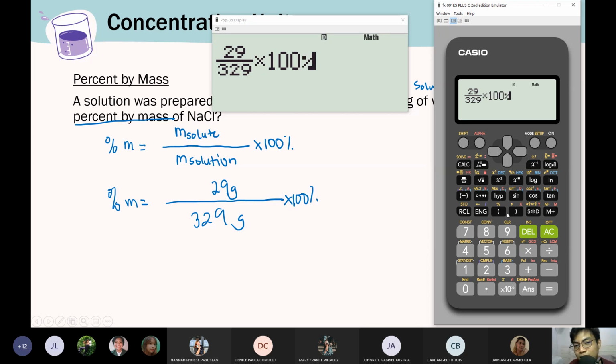Do you write 100%? No. Because the percentage serves as our unit. So it's not literally a percent. The percent symbol is our unit. So, 100 only. So, the answer is 8.81%.